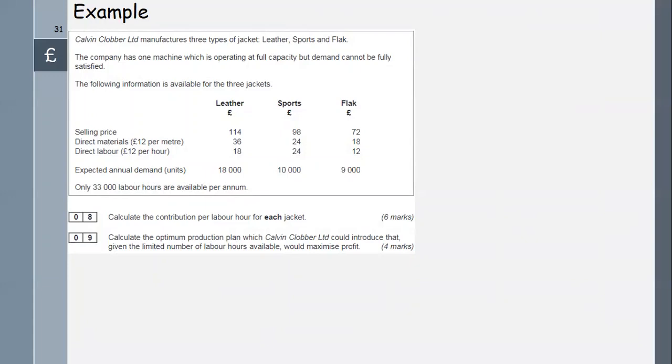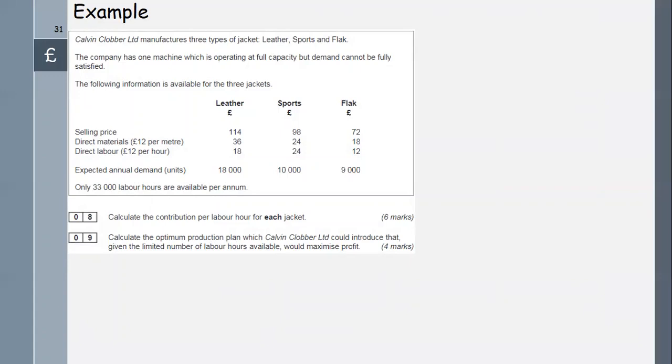If that's £12 per meter, that means the leather needs 3 meters, for example. And the direct labor is £12 per hour. For leather, it's £18, so that means it needs an hour and a half to make it. But we'll touch on that a bit more. The expected annual demand is how many they expect to be able to sell during the year. And it says at the bottom, only 33,000 labour hours are available per annum.